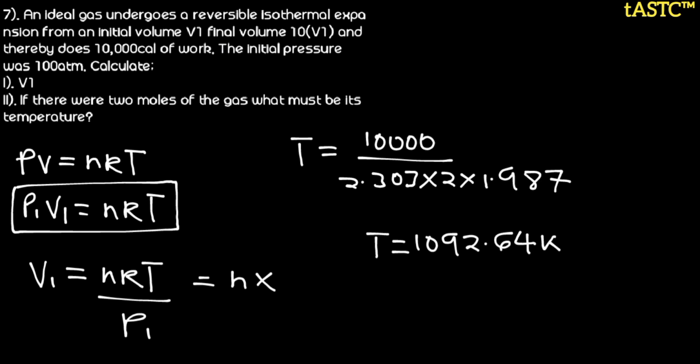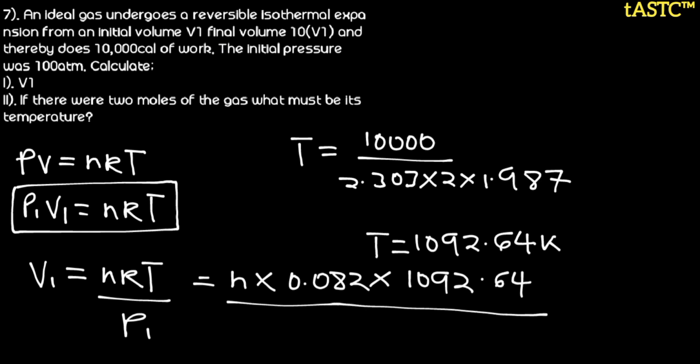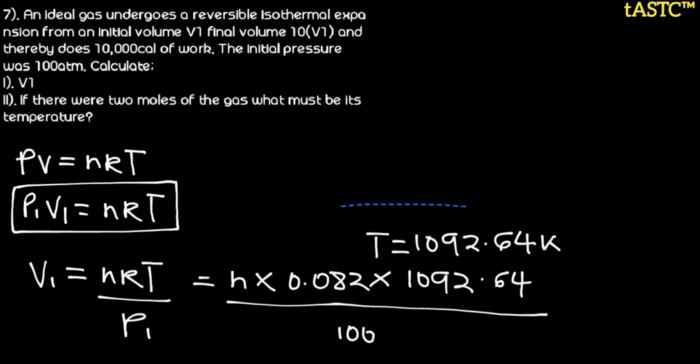So in order to get the answer in liters, we're going to use 0.0821. And T is 1092.64. So this is now divided by P1, and P1 is the initial pressure. That was given to be 100. So we can well tell what the answer will be from here.